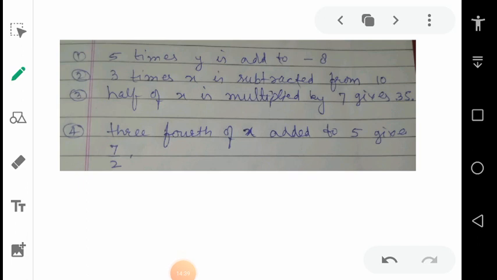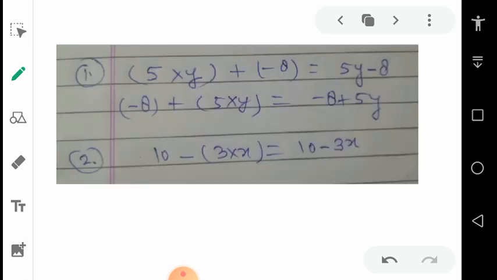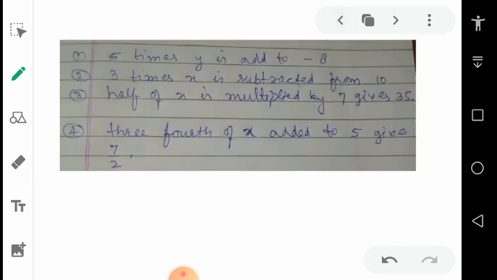Next, here are some problems for which we have to write the expressions. So the first is 5 times y is added to minus 8. Let's solve these one by one. 5 times y: times means multiply, so we simply multiply 5 and y.